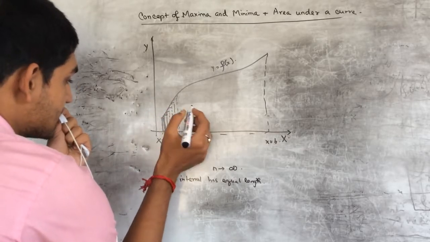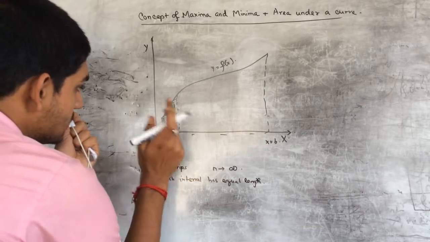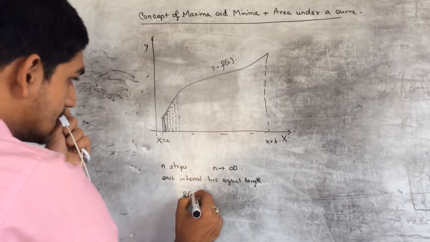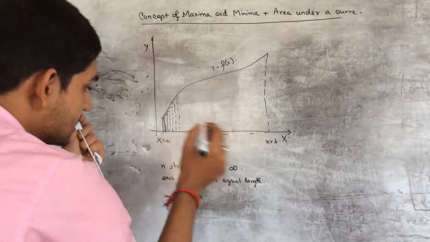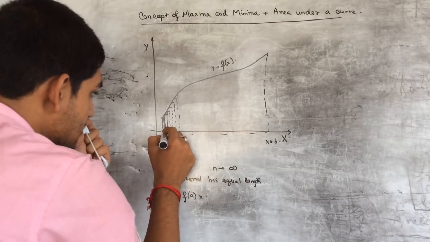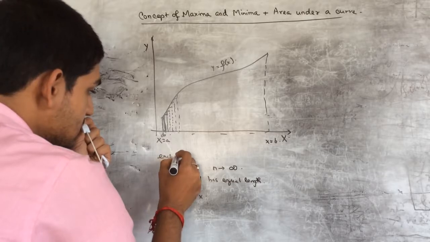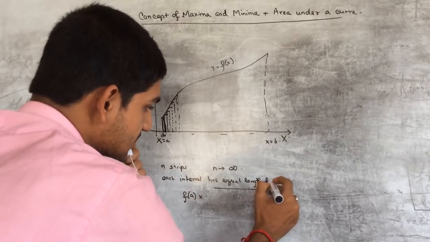So the first rectangle has height f(A), and let's say each length is dx. So each interval has equal length dx.